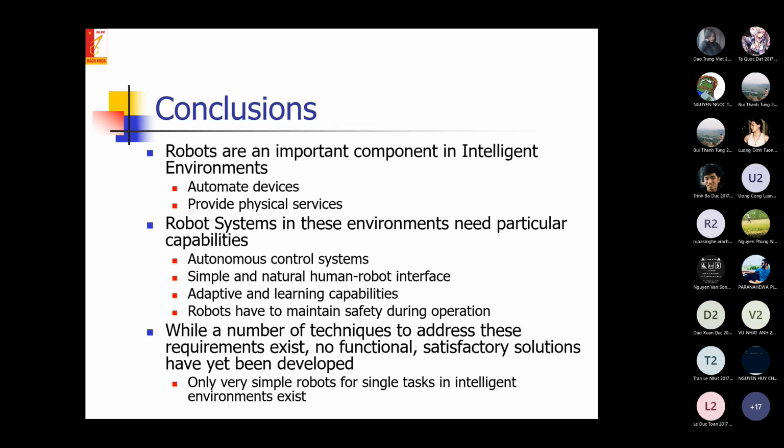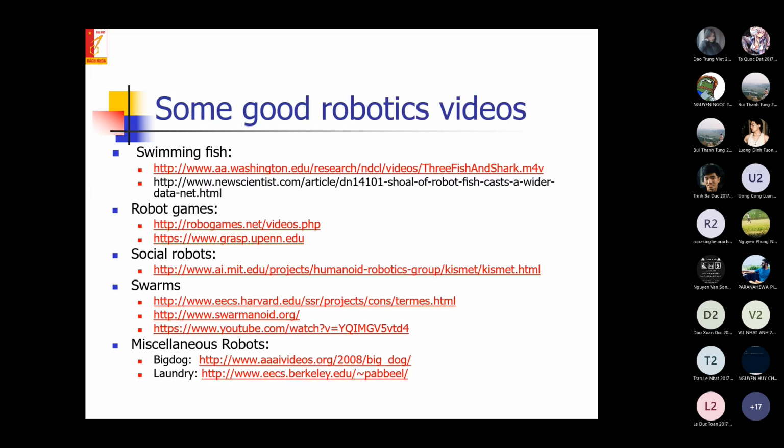So far, only very simple robots for simple tasks in intelligent environments exist. But in the future, with the development of IT, information technologies, the robots will soon be developed further, and they become more and more intelligent.